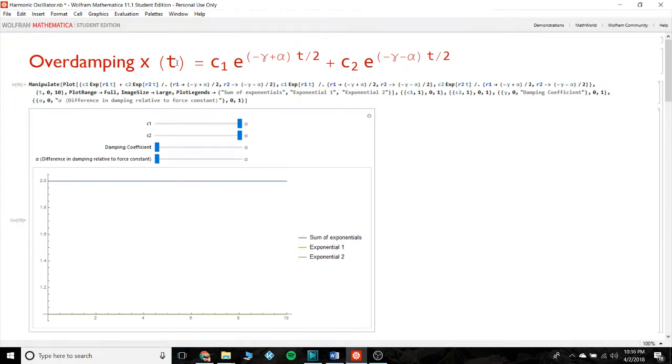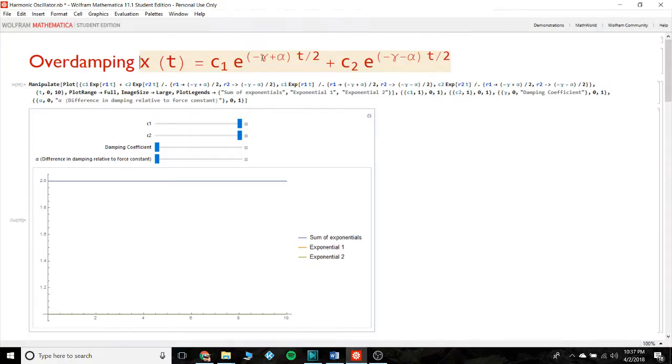So this first case is the overdamped case, and for that case we arrived at the solution that x as a function of time, where x is the distance from equilibrium and t is time, and gamma is our damping coefficient, and alpha is, well, it was a square root of some stuff, but it's effectively how different the damping coefficient is relative to the force constant.